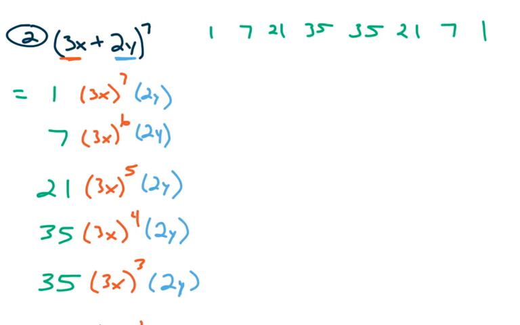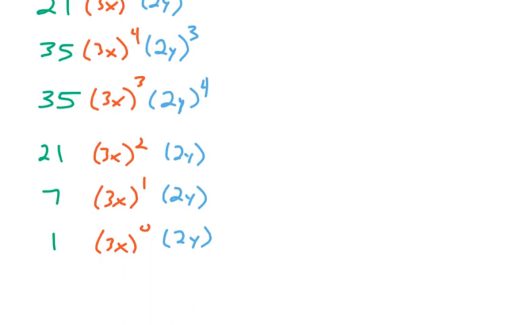And these exponents increase from top to bottom, or from left to right if we were writing it out horizontally. So we start with 0 and work our way up. The exponents have to add up to 7 in each of these. So 6 and then 7.